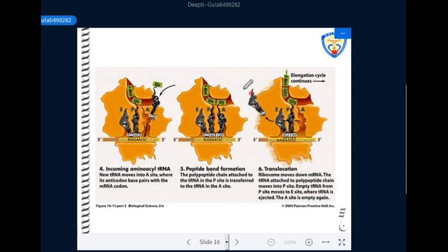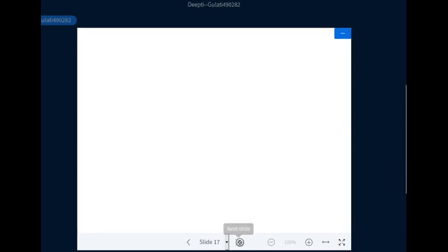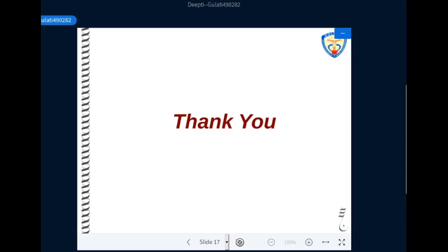Translocation takes place. The transfer RNAs from the E sites are released. Transfer RNA from the P site shifts to the E site. The A site again becomes empty, and the next tRNA is brought and attached to the A site. And this is how elongation takes place.